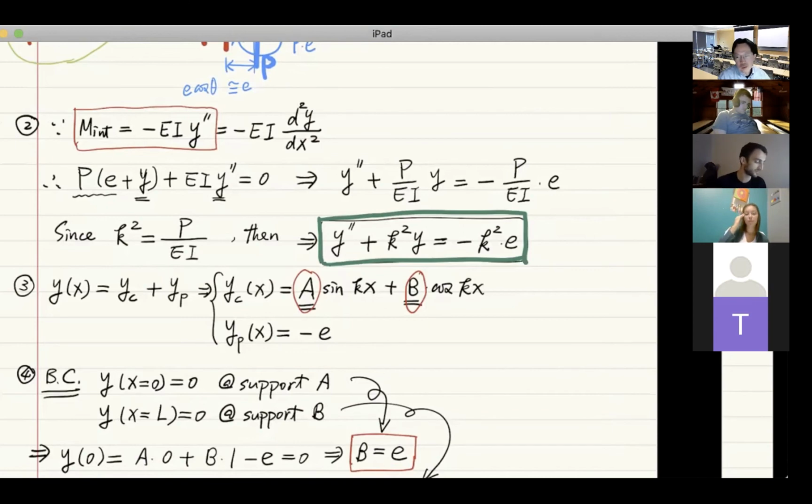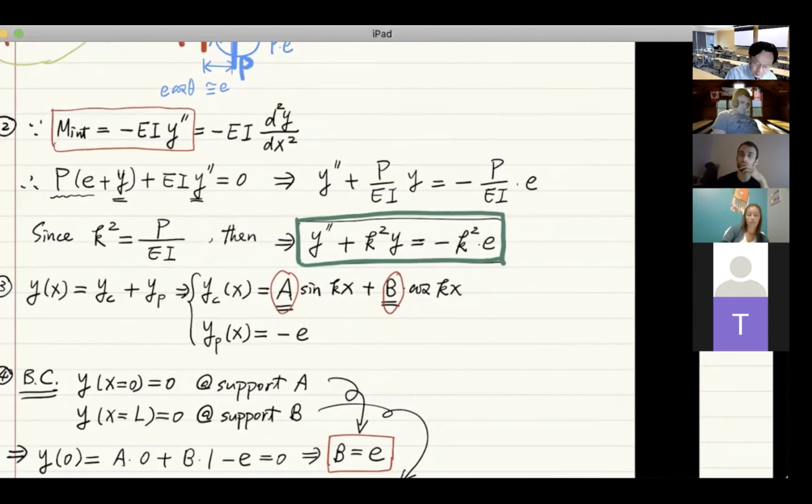Let me try to find the best way to answer this. The reason why it could be either this or another form is mathematical equivalence. The summation of sine and cosine equals an exponential function. So the complementary solution can also be written as this.